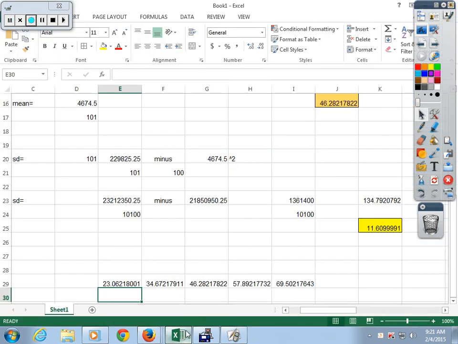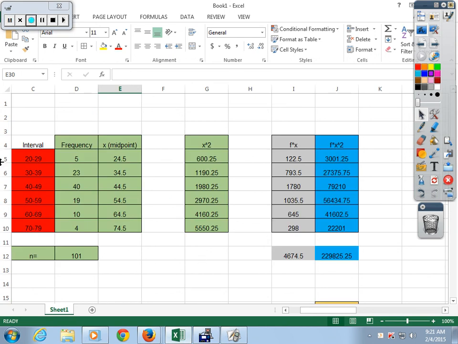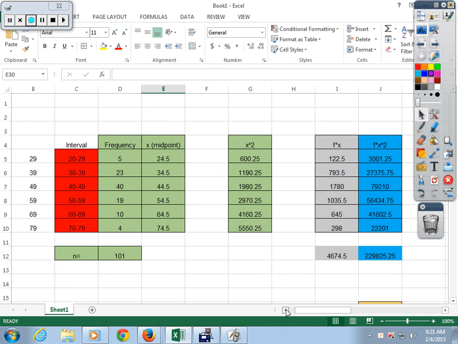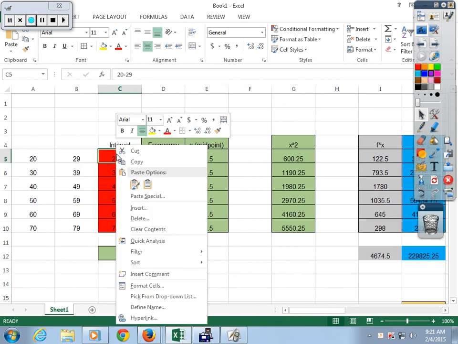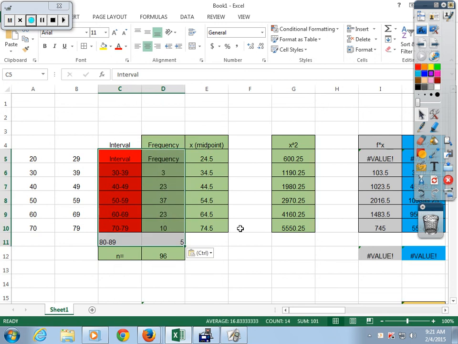Go to your Excel spreadsheet. Make sure you put it in the right place. Do not put it in a messed up place. Right there. Control, paste. 30, 39, 40, 49, 50, 59. And you're done. It's still 9:21.